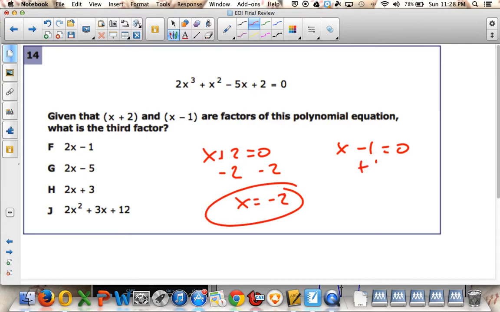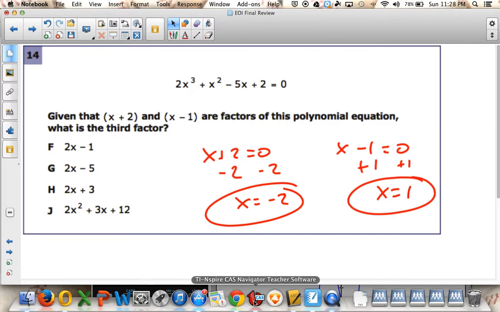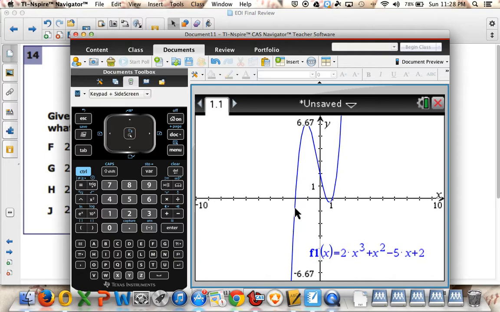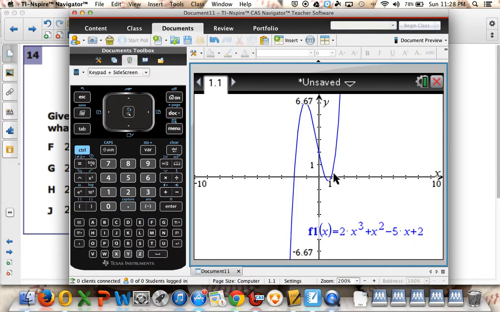For x minus 1 equals 0, I add 1 to both sides and have x equals 1. So that's what I have in my function being graphed: x equals negative 2 here, and x equals 1 here. I need to find my other solution to this function.